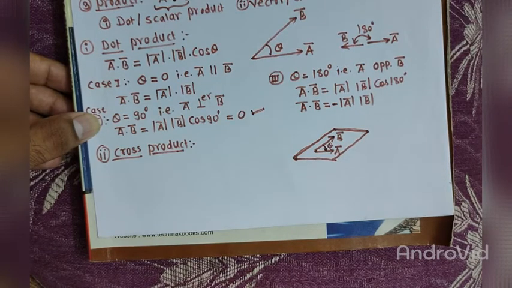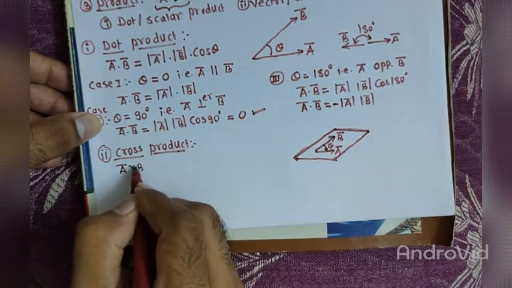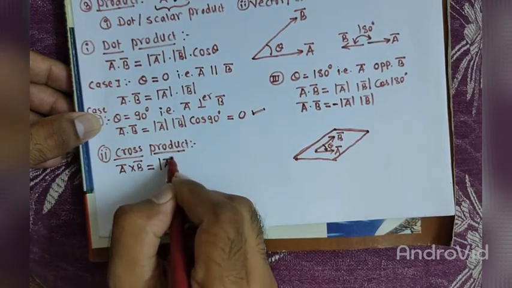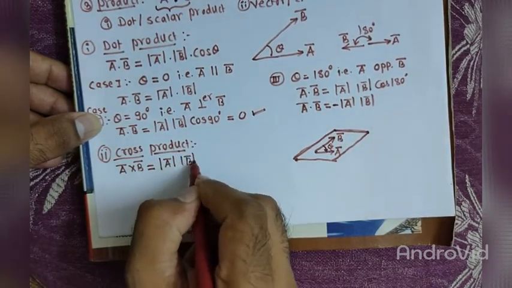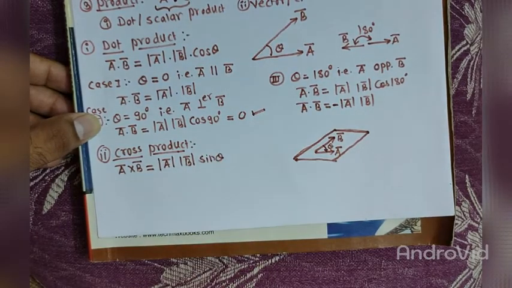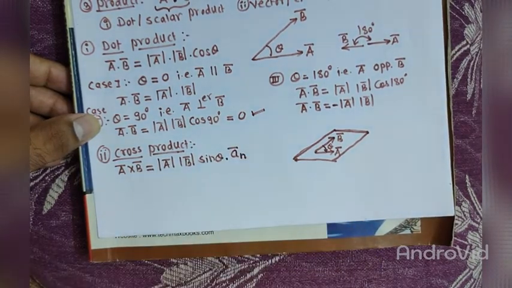So now how can we define the cross product A bar cross B bar? The standard definition of cross product is mod of first vector, mod of second vector, sine of the angle between the two vectors A bar and B bar, that is sine theta, into, this is very important now, unit vector an bar. Now what is this unit vector an bar?